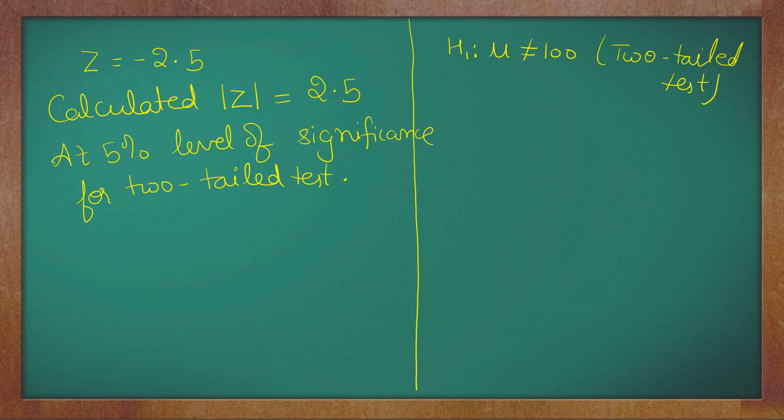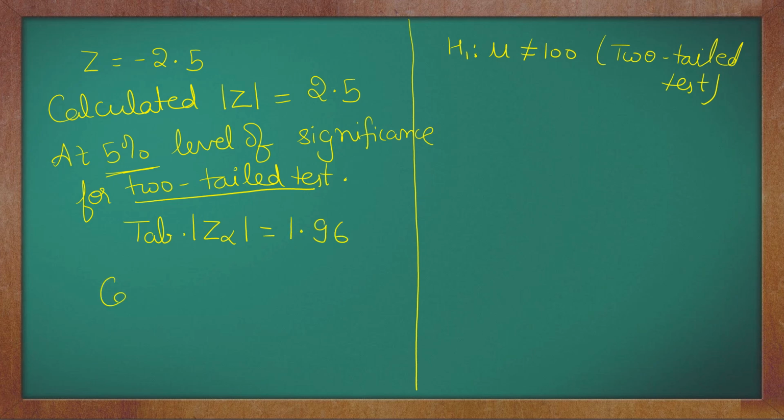Already I have shown you the table, correct? So you have to see there, at 5% level of significance for a two-tailed test, what is the table value? Guys, alpha stands for level of significance. At 5% level of significance for a two-tailed test, the table value is 1.96.